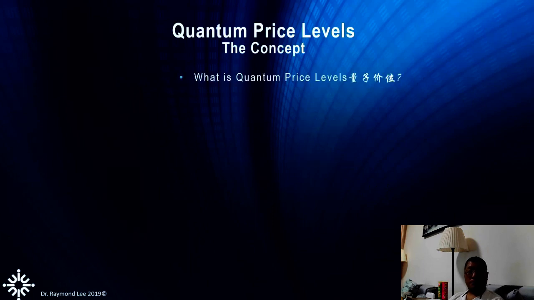So concept first. What is the quantum price level? In fact, the quantum price level has become quite famous in Hong Kong and China because, as I mentioned, in the past 8 years I have promoted it in China, mainly in Shenzhen and also other major cities like Beijing and Shanghai. It uses quantum field theory or quantum mechanics to calculate all those price levels. For a financial index, it will be the price index.